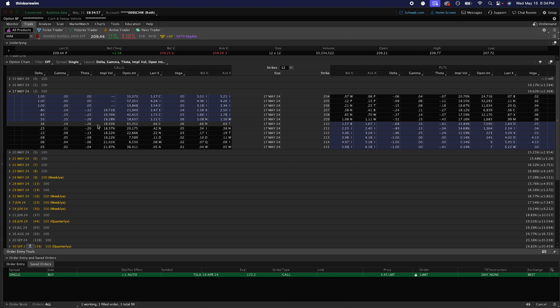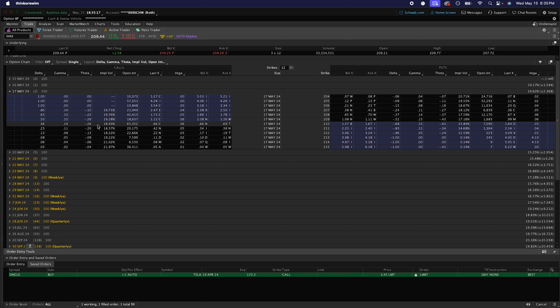Theta, yeah, I don't really look at theta too much if I'm day trading, because I'm gonna be out of the trade within 3 hours anyway. I don't really hold into the afternoon or trade the afternoon. I'm usually out of the trade within the first 2-3 hours, having hit most of the targets by then.